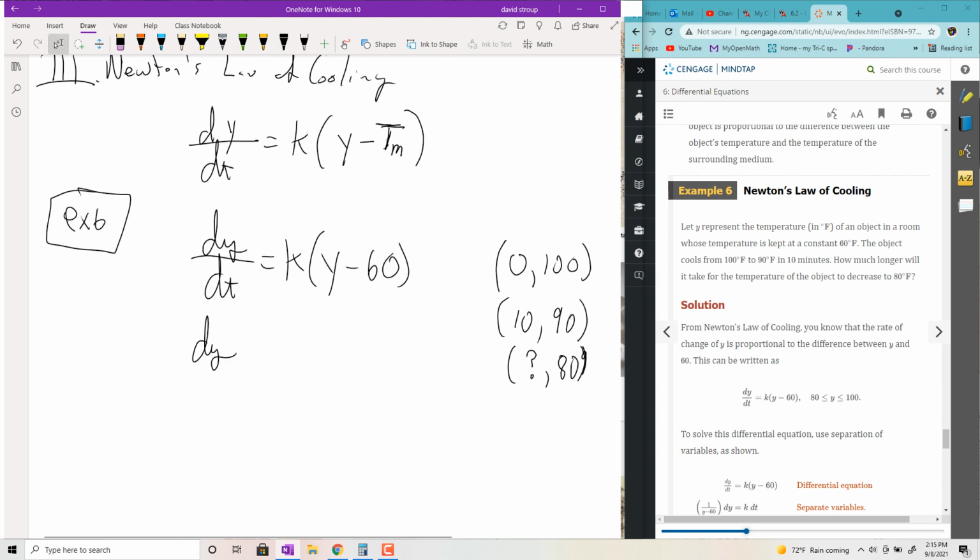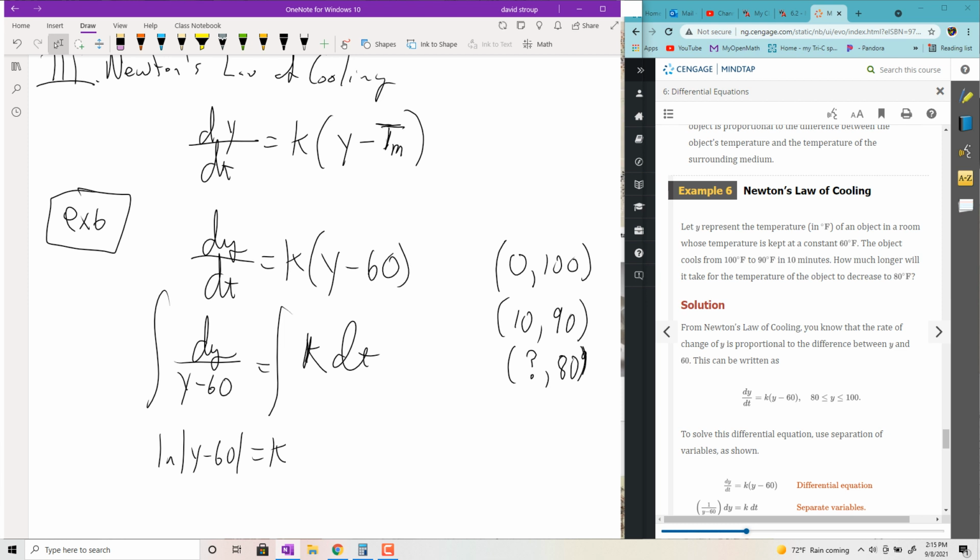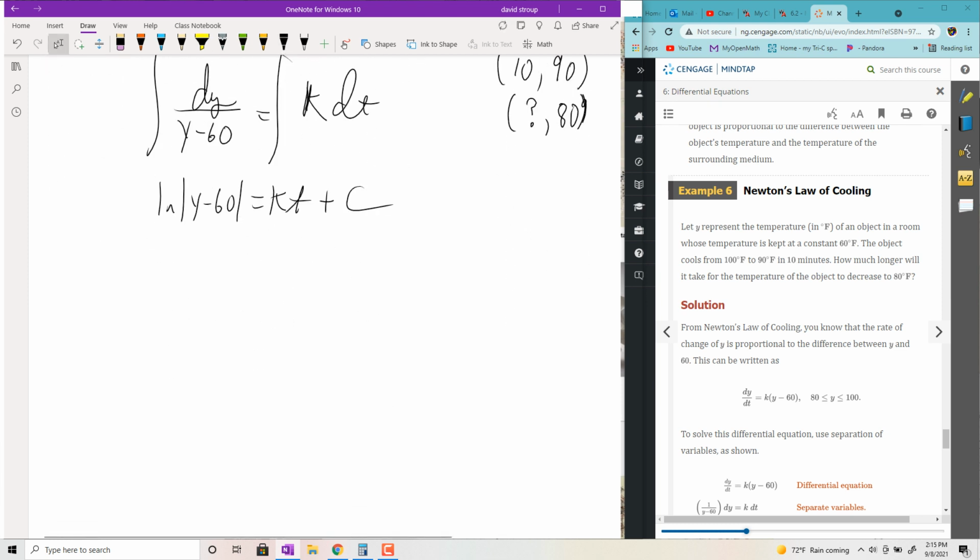So dy over (y minus 60) equals k times dt. Integrate, so ln absolute value of (y minus 60) equals kt plus my integration constant. Exponentiate on both sides, and you get absolute value of (y minus 60) equals e to the c times e to the kt.